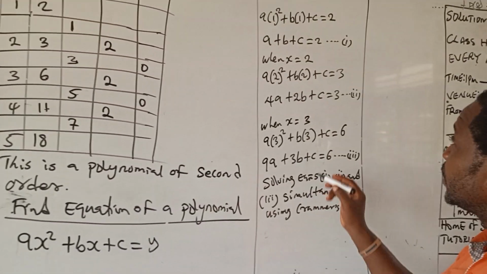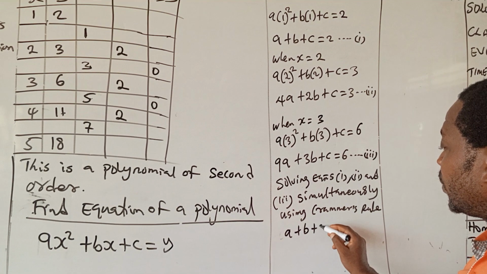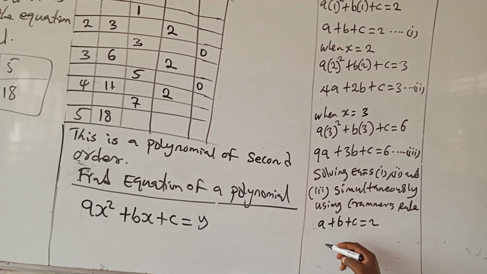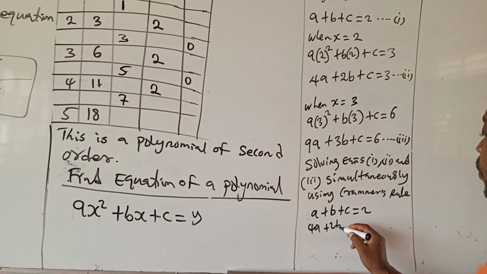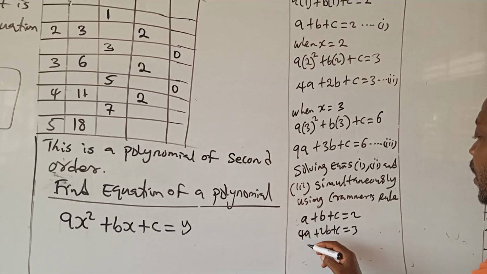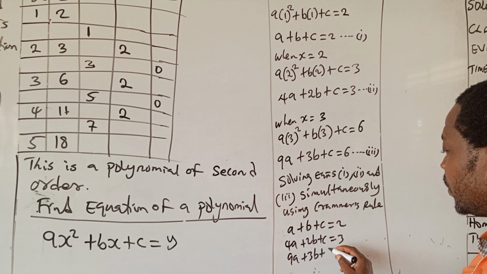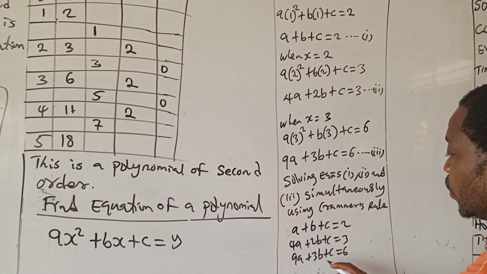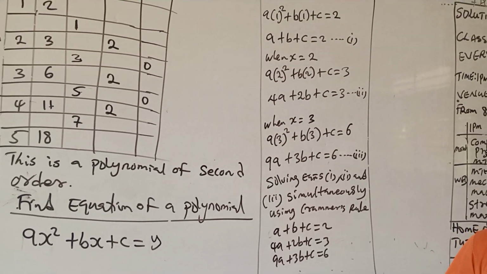So when you solve it, see equation 1, you have a plus b plus c is 2. 4a plus 2b plus c is 3. Then from equation 3, 9a plus 3b plus c is 6. If you play the video, you will see how we solved it.